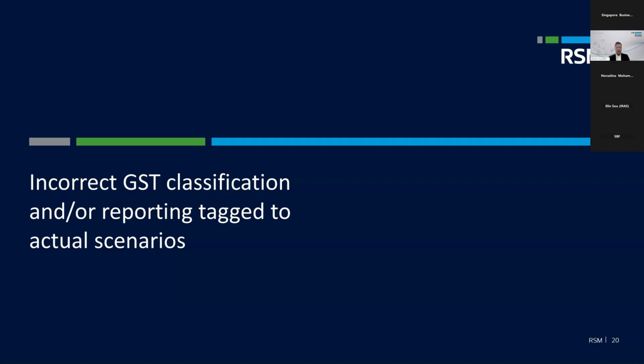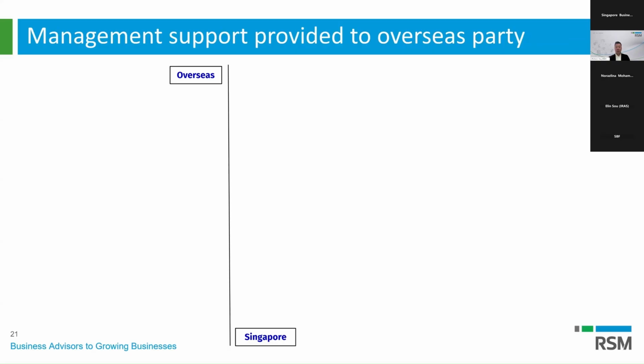If good, then let's move on to the 3 scenarios that we will be showing you today. Again, management support, you can also say recharges, or a procurement center here. You're providing management support, accounting support, etc., which is quite common.